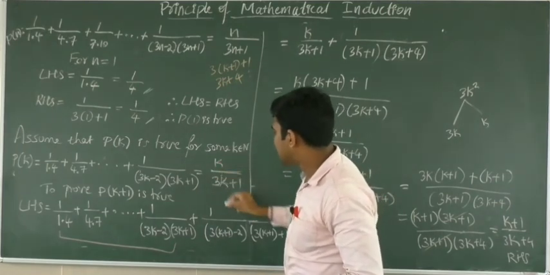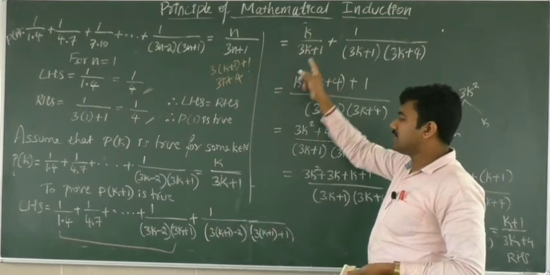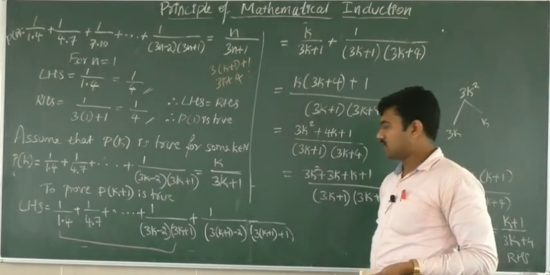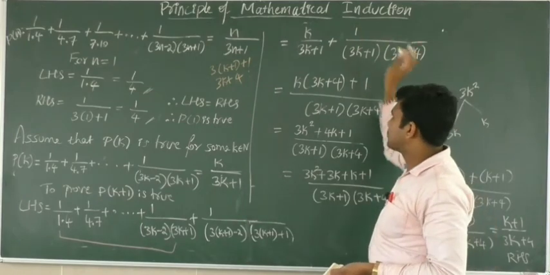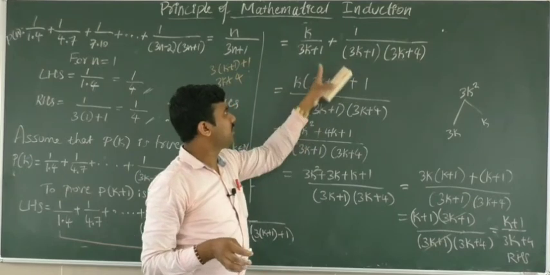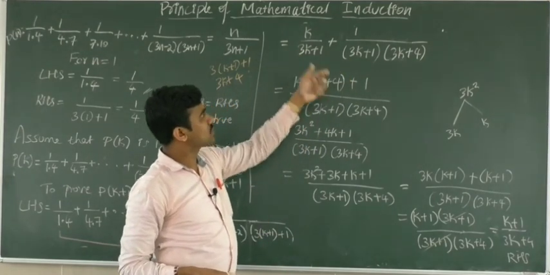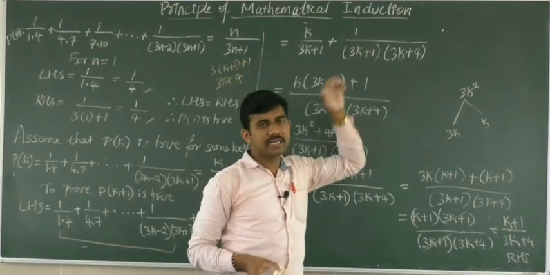So replace that here, k divided by 3k plus 1 for the first k terms, and write the next term as it is. Then you have to simplify this. To simplify, make a common denominator. Here you have the denominator 3k plus 1, but the next term has 3k plus 4.